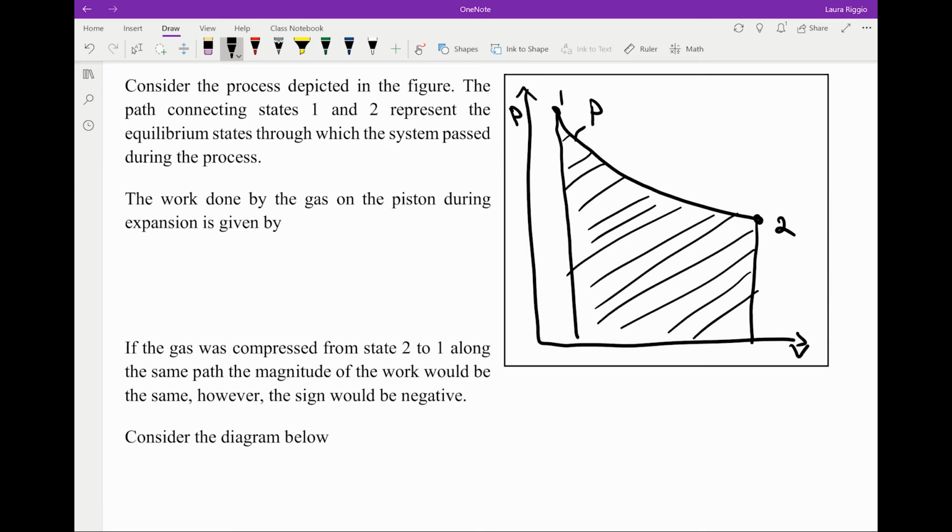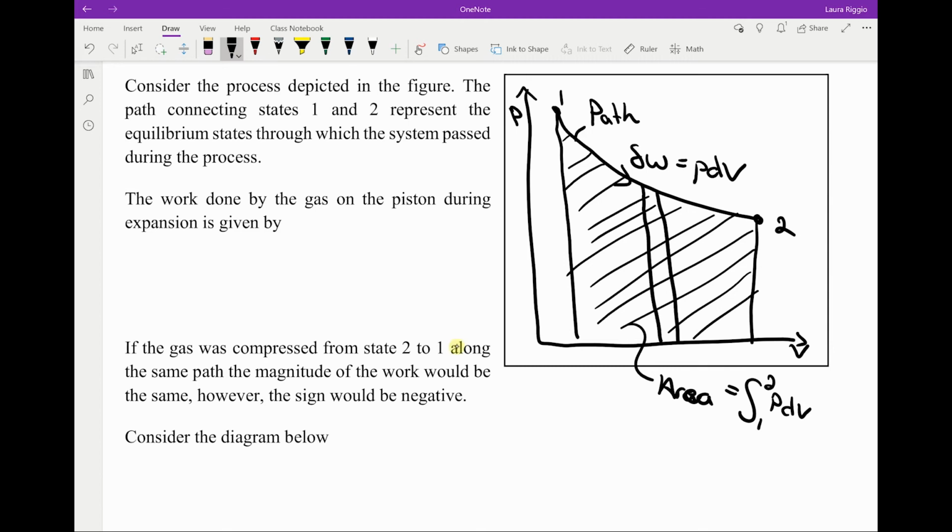This is my path, where my differential work is equal to P dV. The area is equal to the integral from 1 to 2 of P dV. Sorry, my differential work is just this little area.